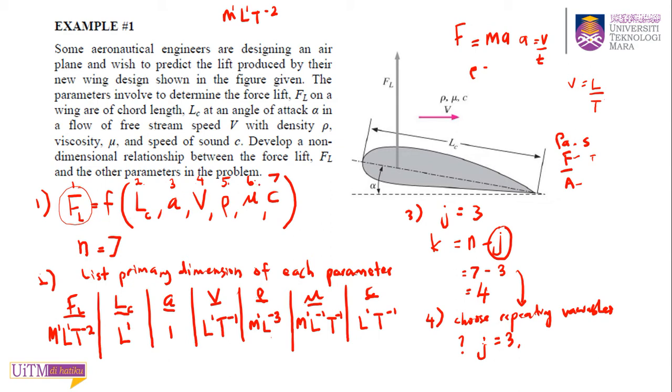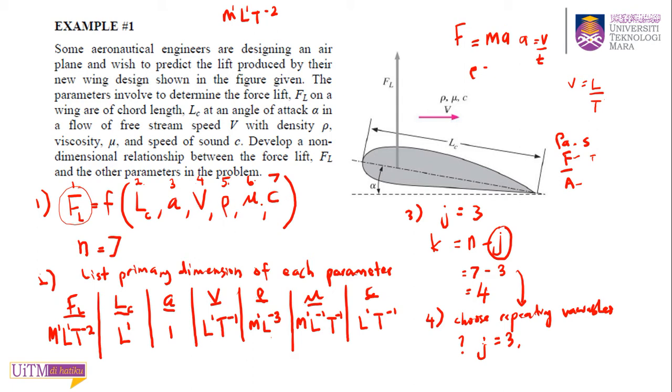Okay. To choose repeating variables, there is a guideline. But how many variables you need to choose depends on your number of primary dimensions, J. So the J is 3, so you need to choose 3 from these 7: FL or LC or alpha or V or rho or mu or C.